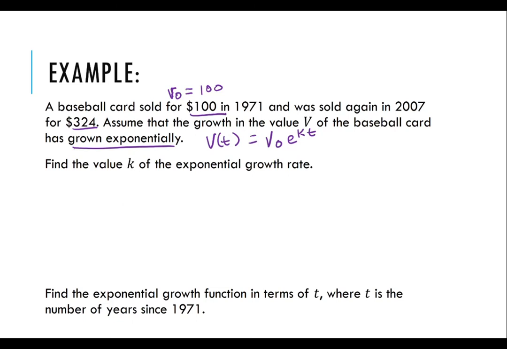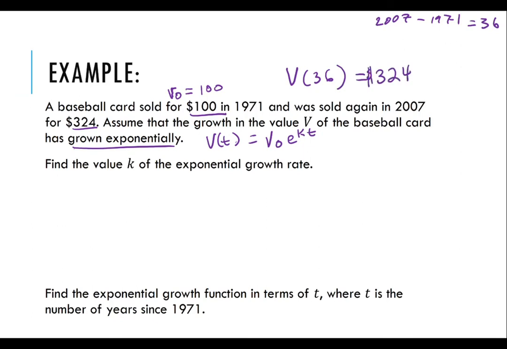We need to figure out how much time passed between 1971 and 2007. So 2007 minus 1971, we get a total passing of time of 36 years. And so what we're going to say is that V of 36, after 36 years, the amount that it was worth was $324.